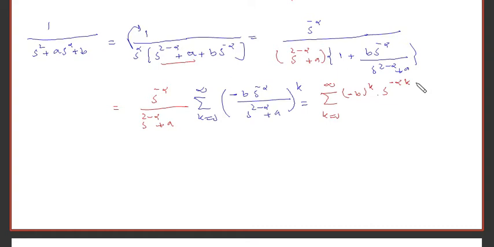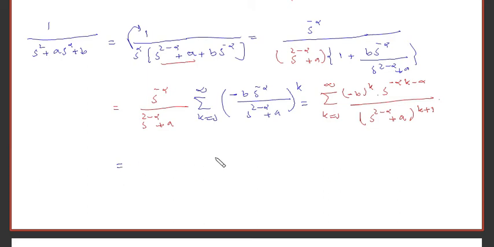When it comes inside, it has the same power, so joining here it becomes minus alpha. In the denominator again we have the same term here and the same term here. This term has power k and this term has power 1, so combining I get s to the power 2 minus alpha plus a, and the whole to the power k plus 1.